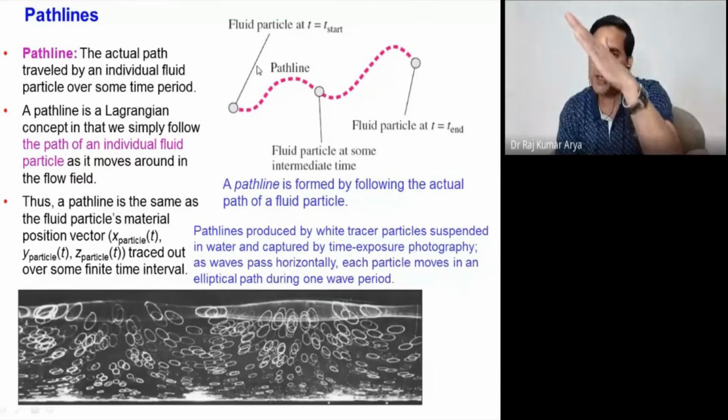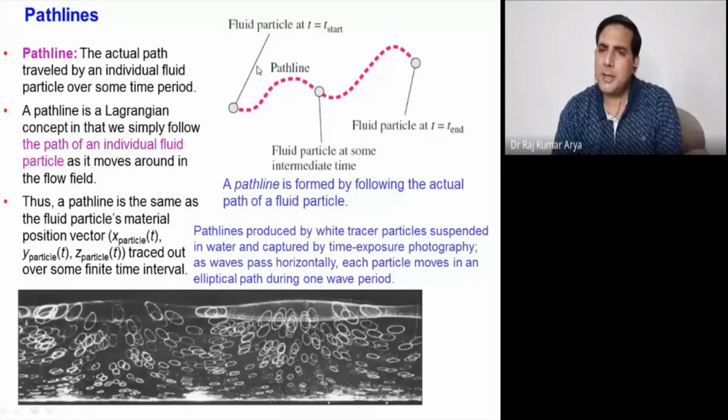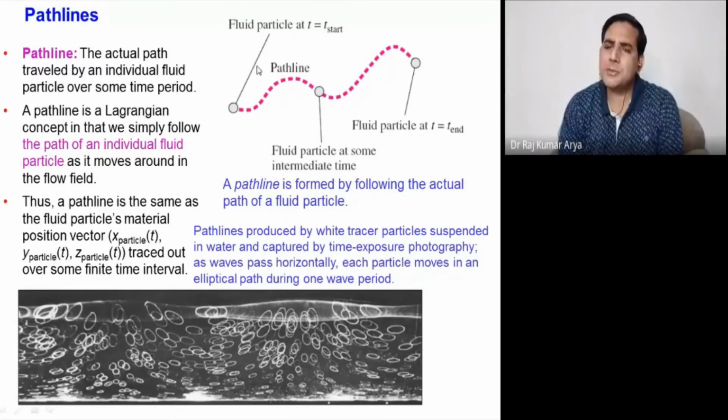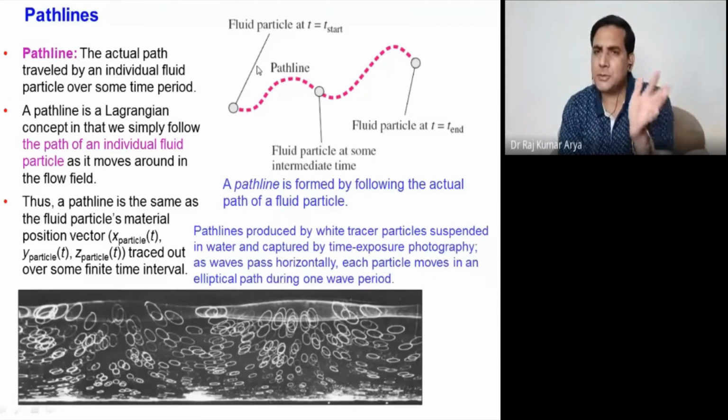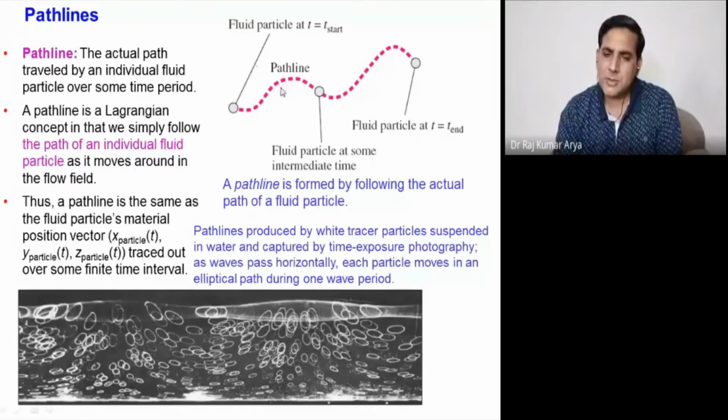It can go this side, so you will have x and y components, but there would be a net movement in some particular side. It can also have its own velocity vector. Velocity vector doesn't mean that you are deviating from the path line. No. Every particle can have its own velocity vector. So once you trace the trajectory of an individual particle, that's called the path line.